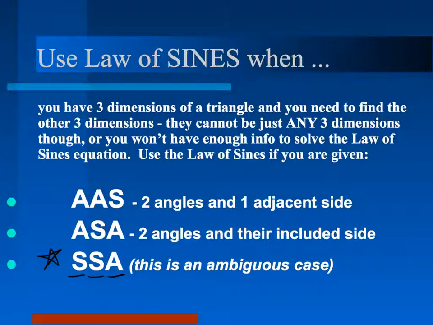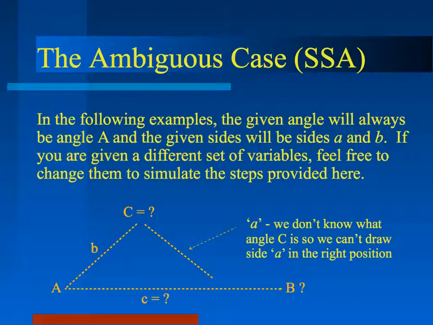So let's take a look at this particular case. We will be using the law of sines, but we have to investigate what kinds of triangles we have first. So in every one of these scenarios, the setup is going to be that we have angle A, side a, and little b. So it's AAB.